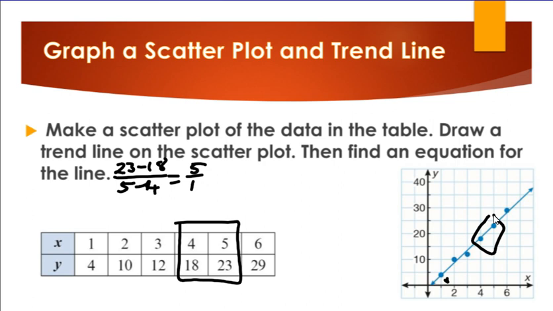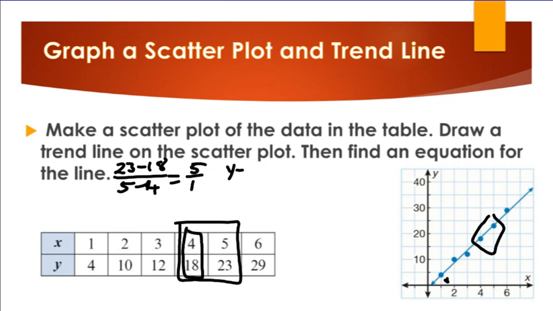It has to be a point that's on the line. We could choose any of the points that are on that line. We can use 4, 18. We could use 1, 4. We could use 5, 23. To make it easier, I'm just going to choose this one.